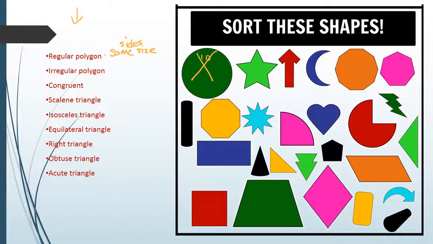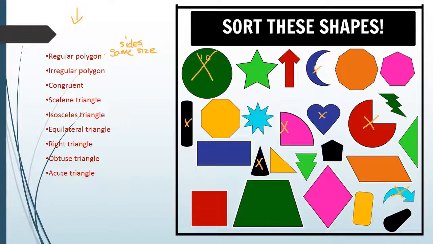All the other shapes actually, well, this one is not a polygon because it has a curve. Not a polygon, not a polygon. Any other curves? That's a cylinder. Curves. I don't think a crescent is considered a polygon.